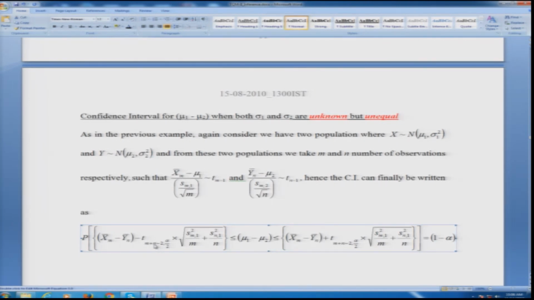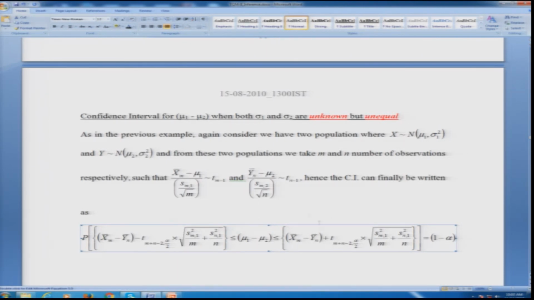You see the suffixes are exactly the same, m plus n minus 2 comma alpha by 2, and in this case, rather than S P, the pooled sample standard deviation, these would be the square root of S square suffix m comma 1 divided by m plus S square suffix n comma 2 divided by n. My mistake, this should be n, so obviously this is n comma 2, and then you solve the problems.